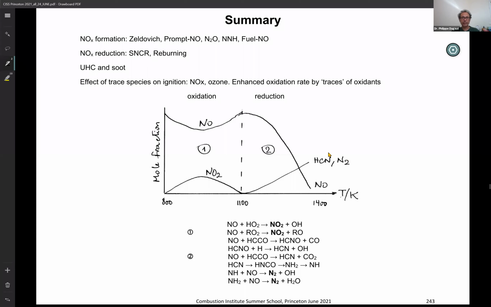If you see HCN produced, it means that you are in this regime of NO reduction. And if it's mostly NO2, then you are in the mutual sensitization regime that occurs here. And again, this set of reactions is very similar to what's going on in the atmosphere, where you have production of ozone through the photolysis by sunlight of NO2.